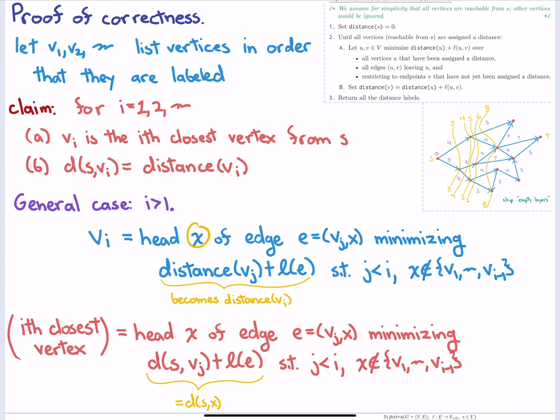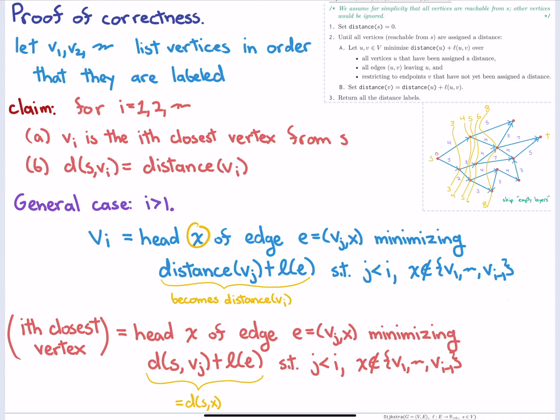And then how do we finish the proof from here? I want to argue that these two things are equal. Distance of vj is equal to d_S, because? So you just need to replace one word with another, right? I want to argue they're equal.